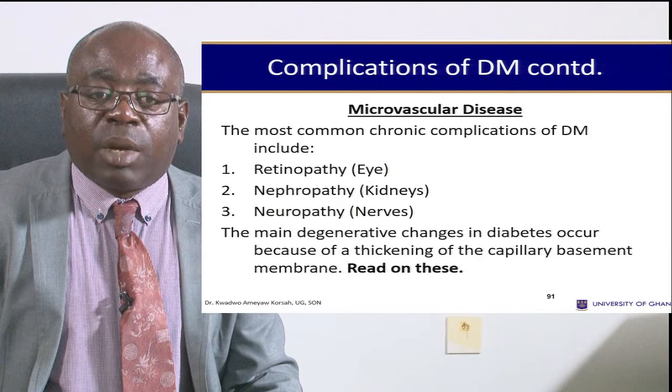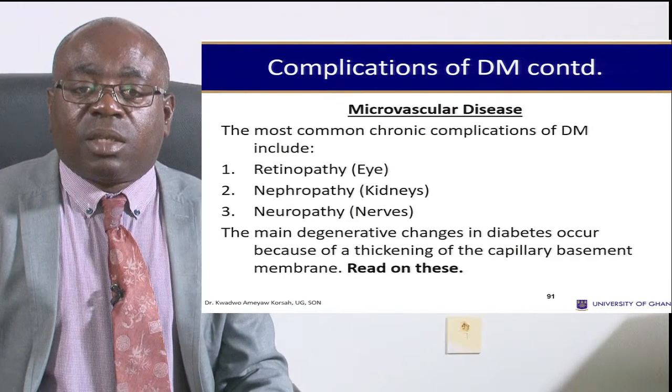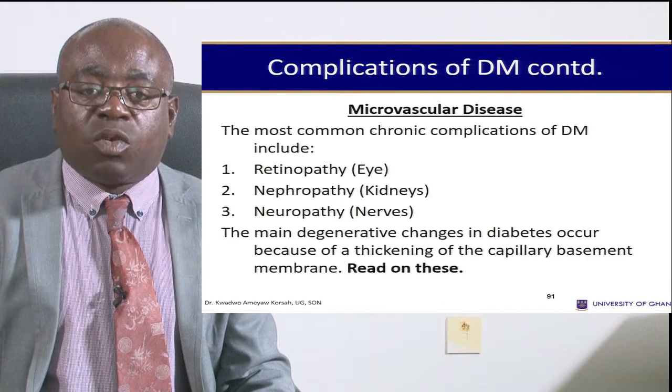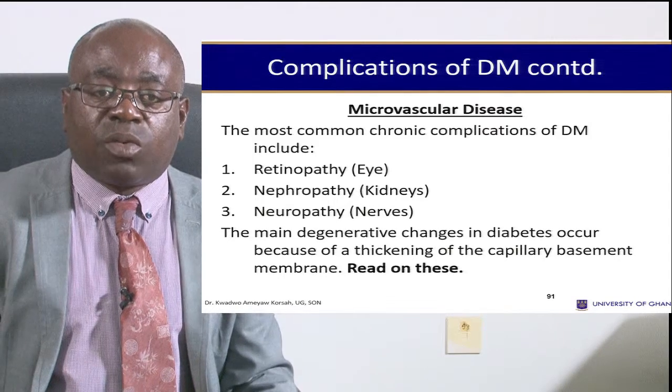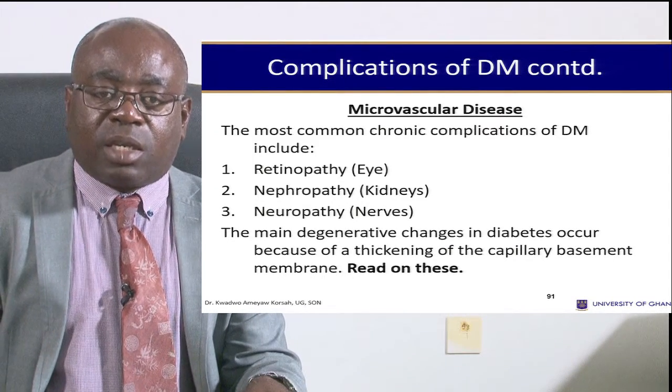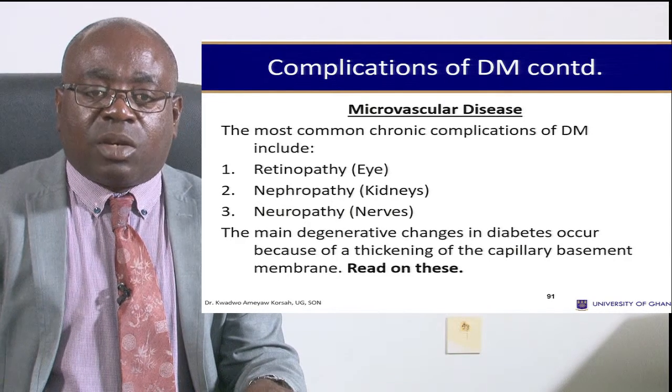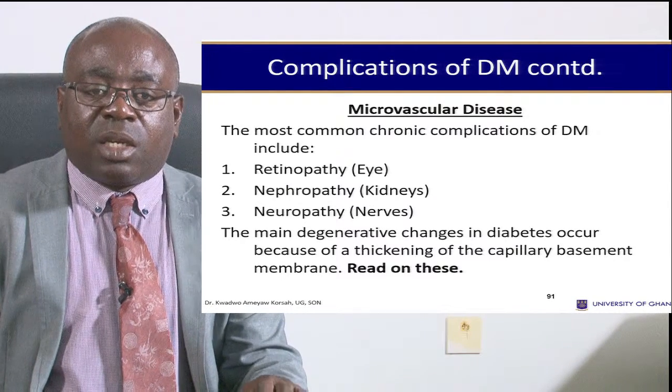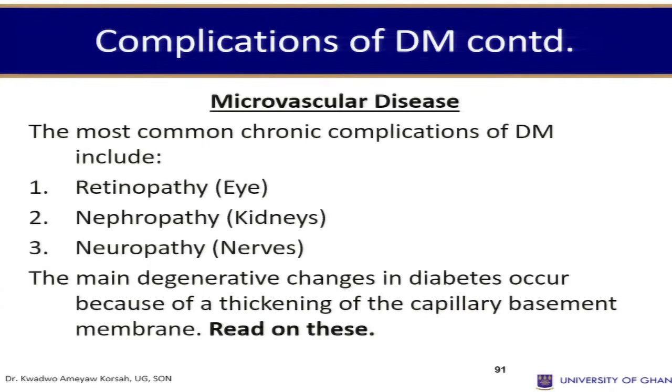So the microvascular diseases as a complication, the most common chronic complications include the retinopathy, the eye, nephropathy, the kidneys, and then the neuropathy, the nerves. So the main degenerative changes in diabetes occur because of a thickening of the capillary basement membrane. You have to read on this.